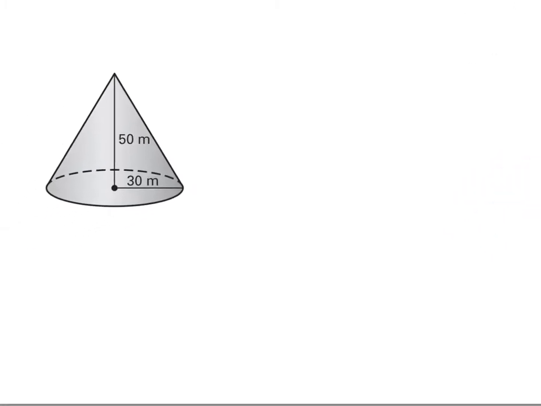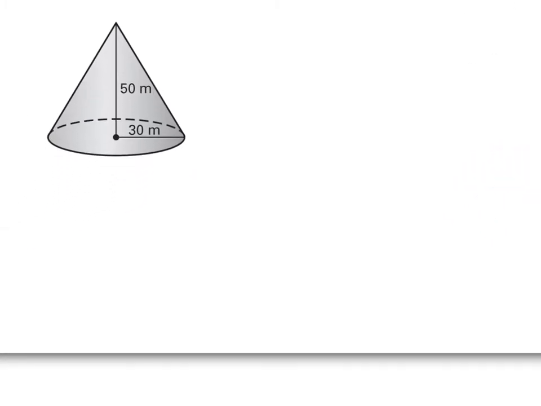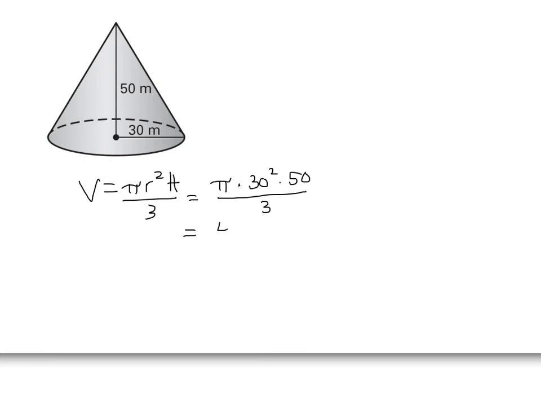Alright, let's take a look now at the cone. Again, volume of a cone formula, pi r squared h divided by 3, which is going to be pi times the radius, 30, squared, times the height, 50, and we're going to divide that by 3. If I take 50 times 30 squared, so 30 squared is 900, times 50, gives me 45,000 times pi divided by 3.